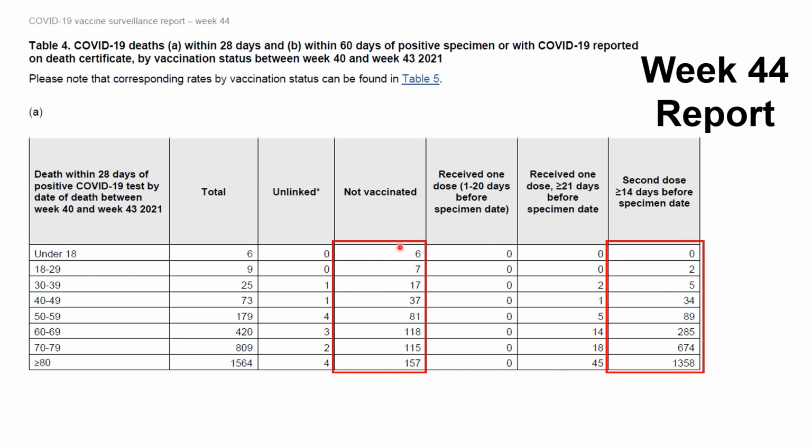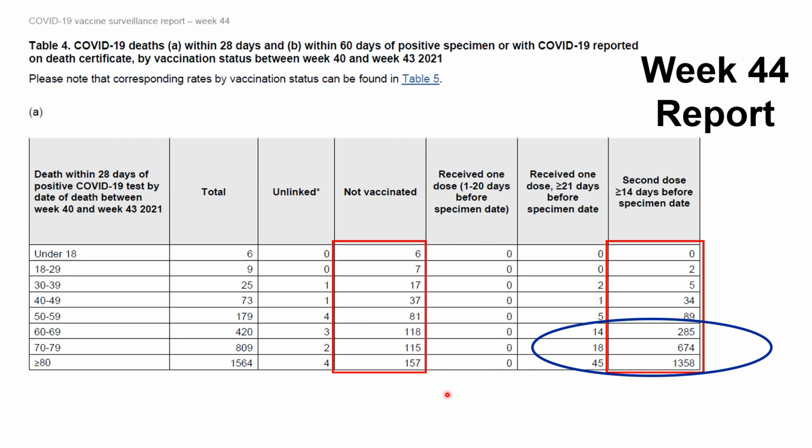So these are the non-vaccinated people and these are the fully vaccinated people, and you can see just straight away from the figures that there's a massive increase, especially in the 70 to 79s and the over 80s. Big difference. Less so in the non-vaccinated, but there probably are hardly any non-vaccinated people in that age range.